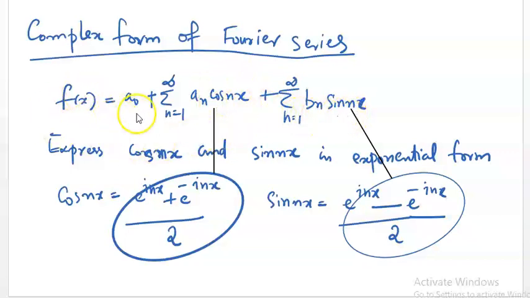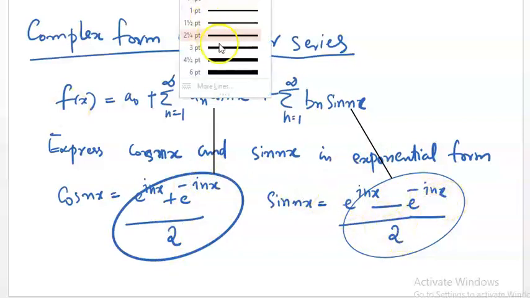For a function defined in the interval minus pi to plus pi, f of x is given by a0 plus sigma an cos nx plus sigma bn sin nx. We express cos nx like this, e to the power i nx plus e to the power minus i nx by 2, that we know. Sin nx can be written as e to the power i nx minus e to the power minus i nx by 2i.